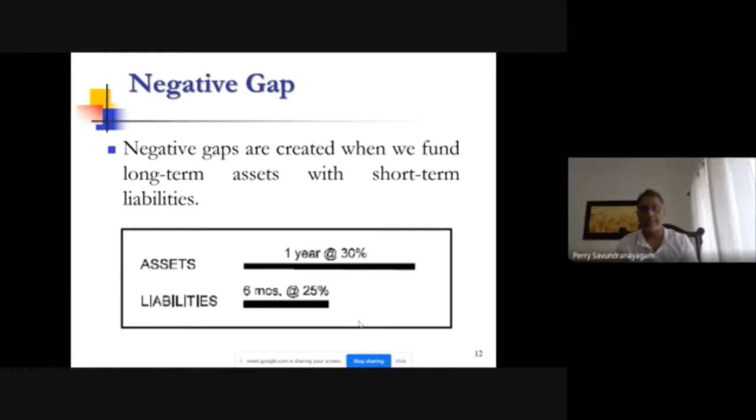And what's the other reason? Anuradha, you tell me. The bank will give a loan for 1 year at 30% and take a deposit for 6 months in order to take advantage of the what?